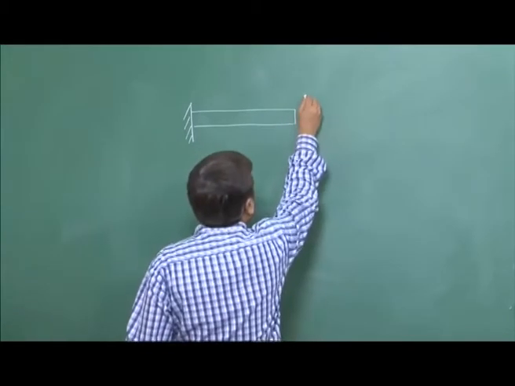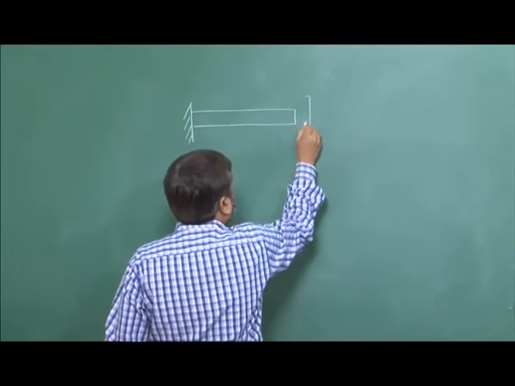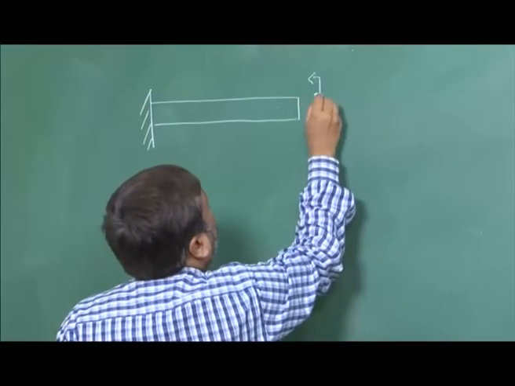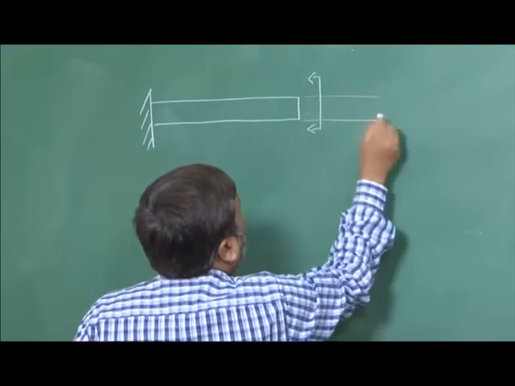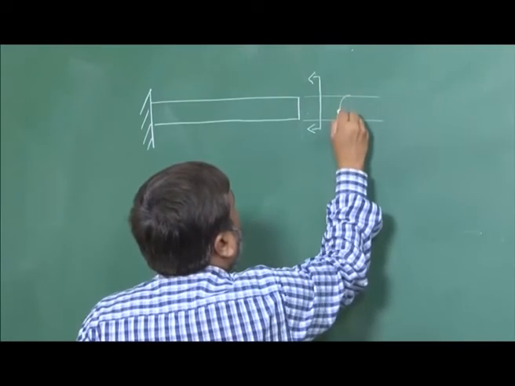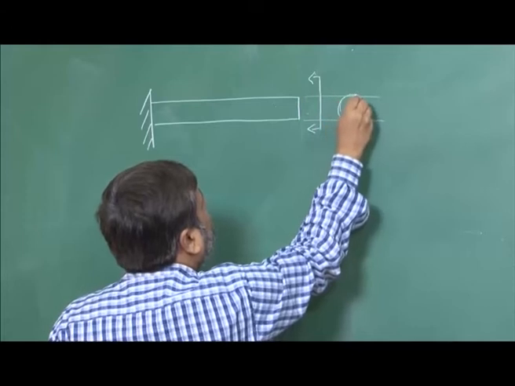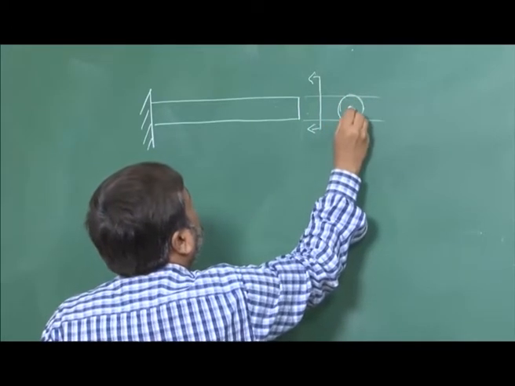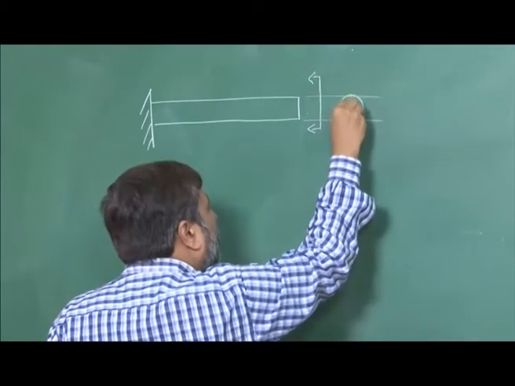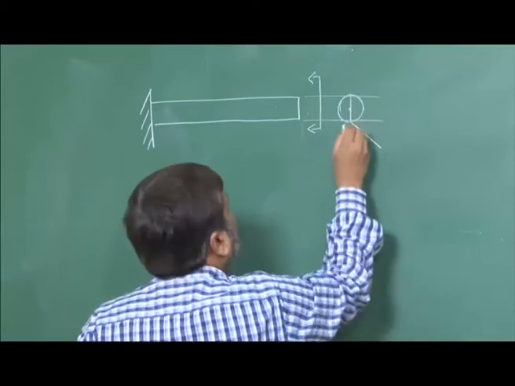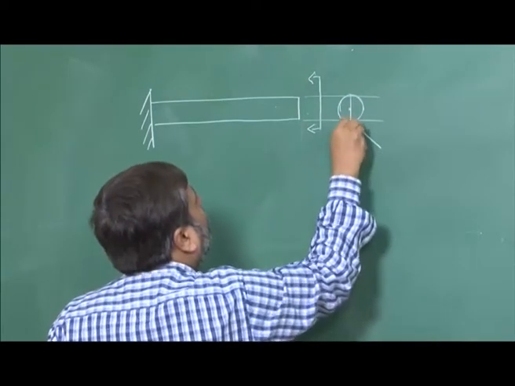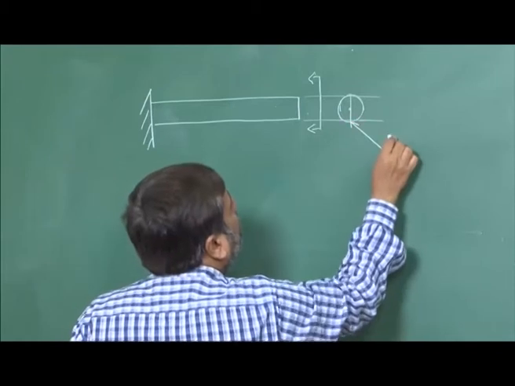That means if I look at it from this direction, it is a circular cross section, and the diameter d of this circular cross section is a free variable.